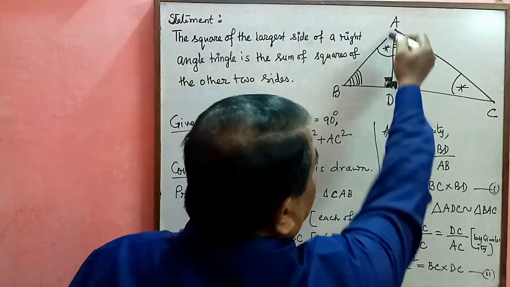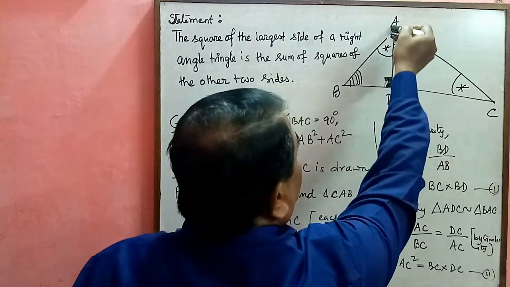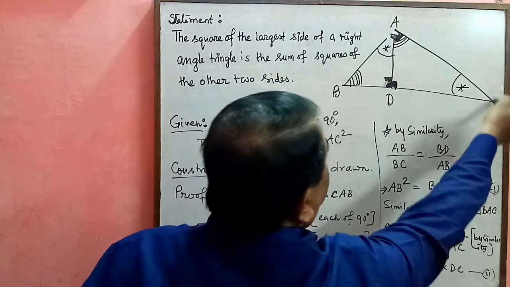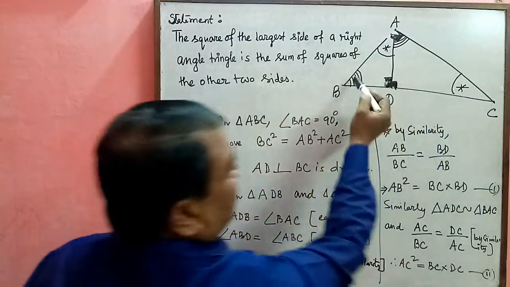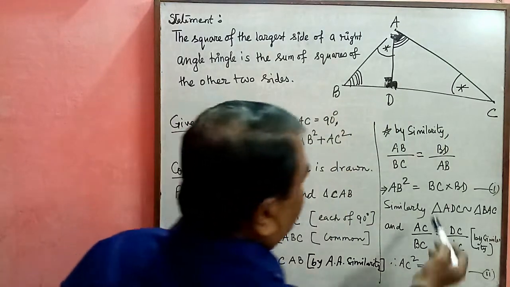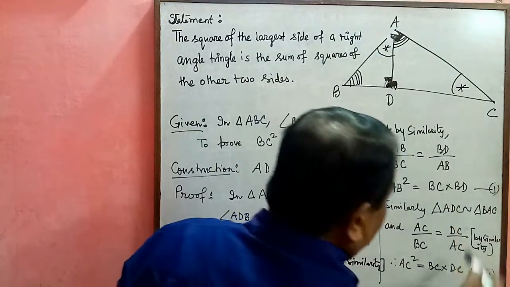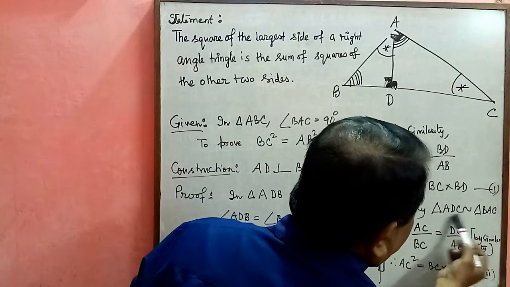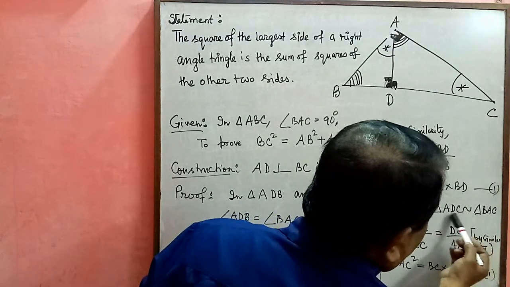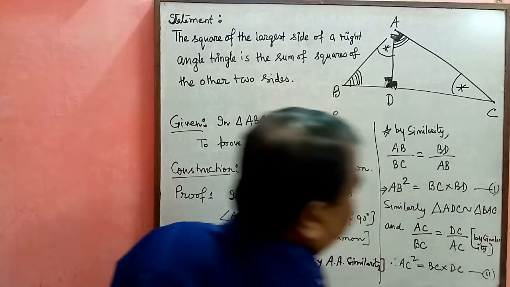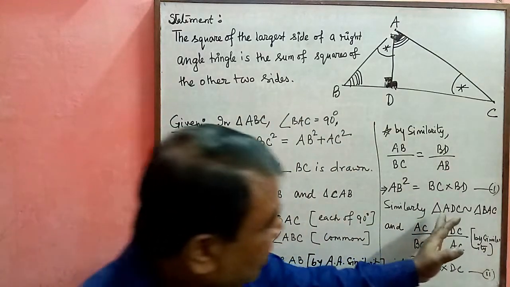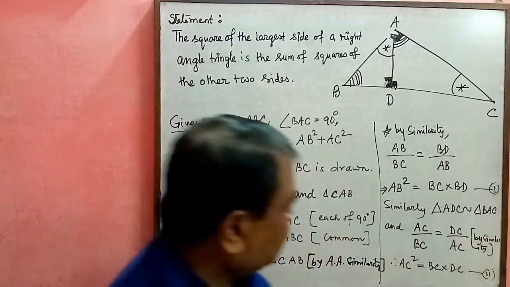Angle A means in this triangle ADC, angle A is here, so that is DAC, and this is equal to angle B. Now you see angle D is equal to angle A, so here D is at the place of D, we have replaced A. So this way ADC is similar to BAC.